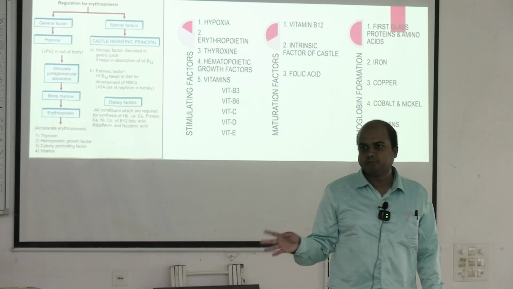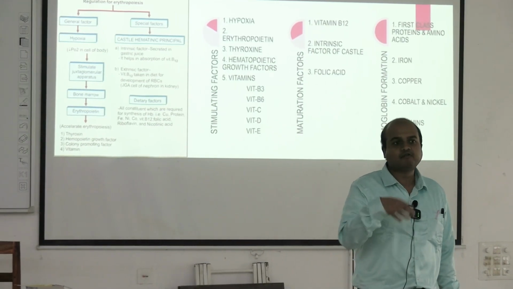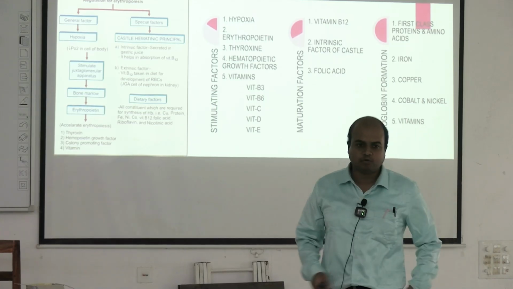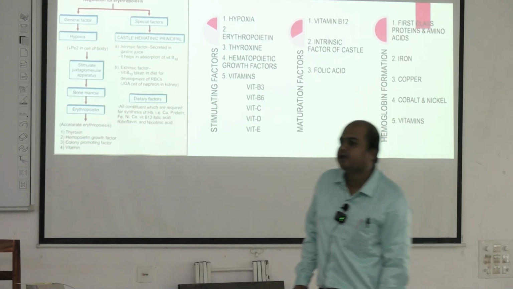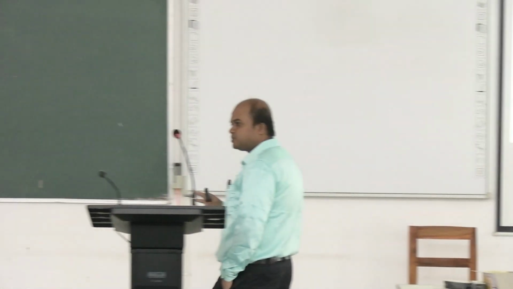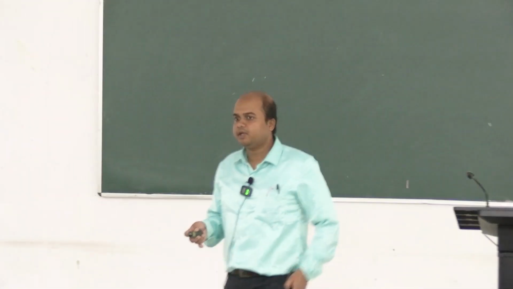I don't know whether it has been mentioned in the GI physiology classes yet. Castle's intrinsic factor from the parietal cells of the stomach helps in the absorption of vitamin B12. Indirectly, it helps because vitamin B12 is needed at some stages of erythropoiesis.